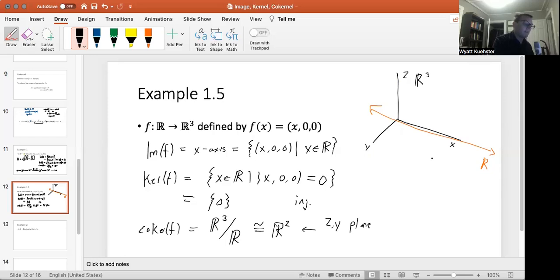So the cokernel is what you obtain by squishing this orange copy of R to 0. That means all the vectors with any x component get projected onto the YZ plane. So the cokernel looks like just this YZ plane. It's a copy of R^2.